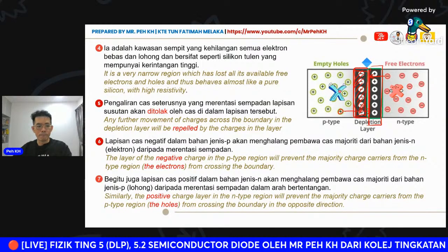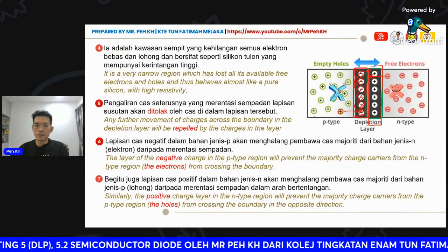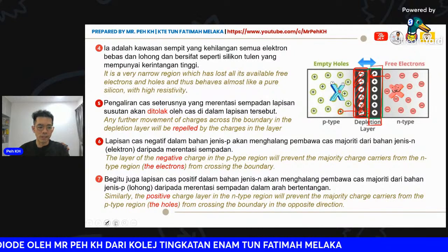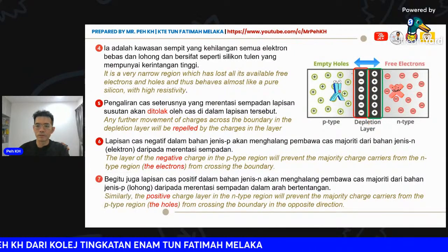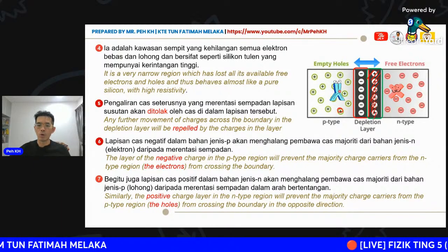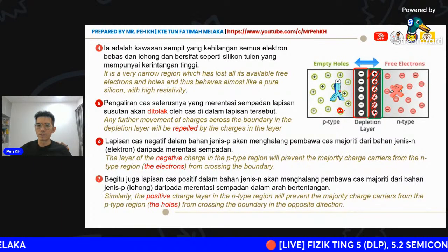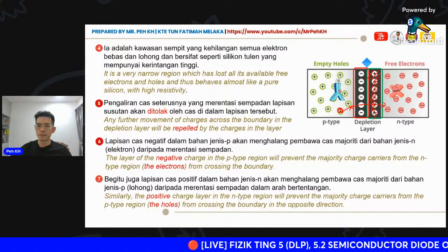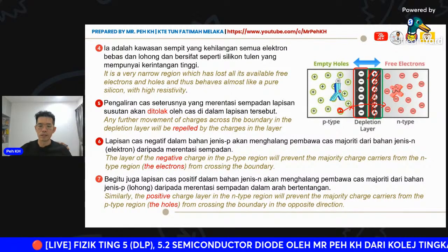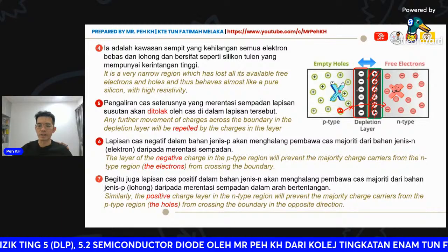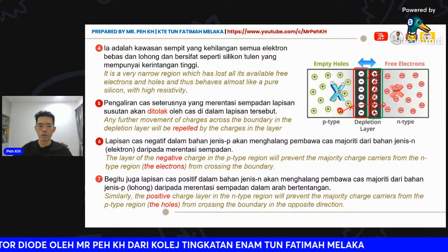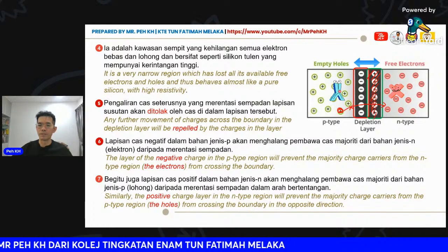For the hole in the P-type semiconductor, the positive layer will also prevent the hole from going to the other side, because both have the same charge. So we prevent the majority carrier of the P-type region, which is the hole, from crossing the boundary to the opposite side.